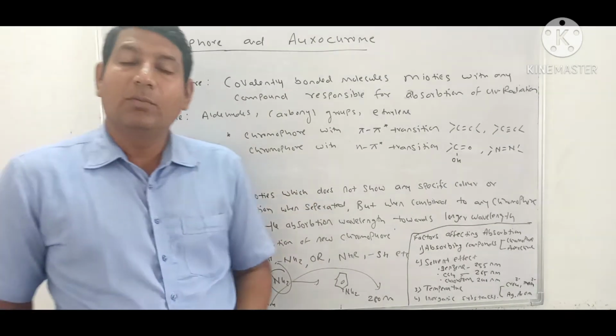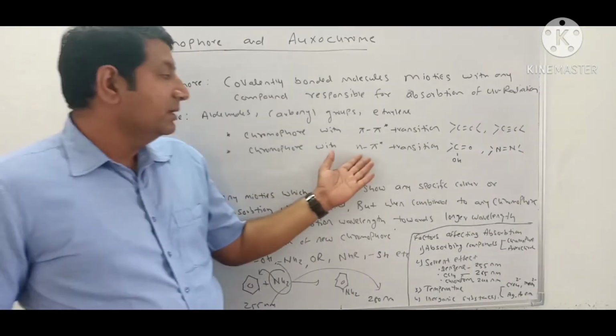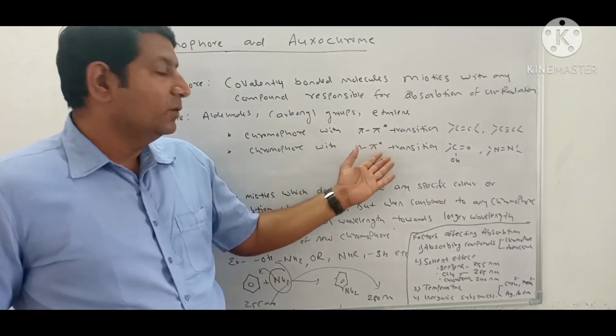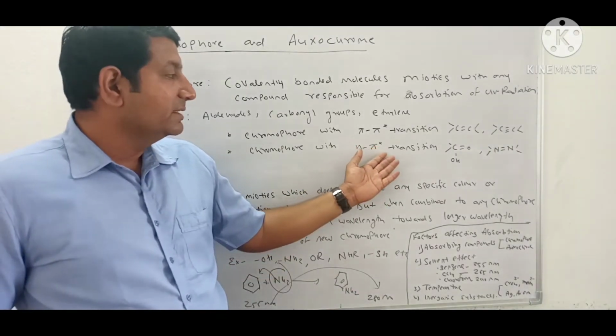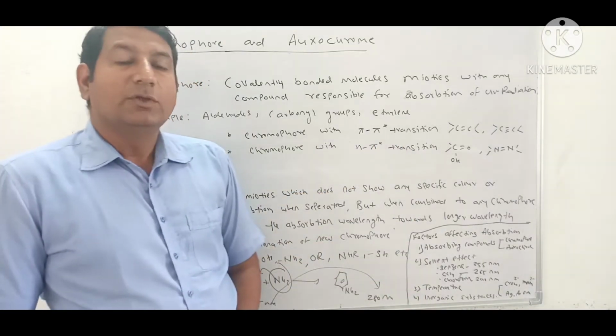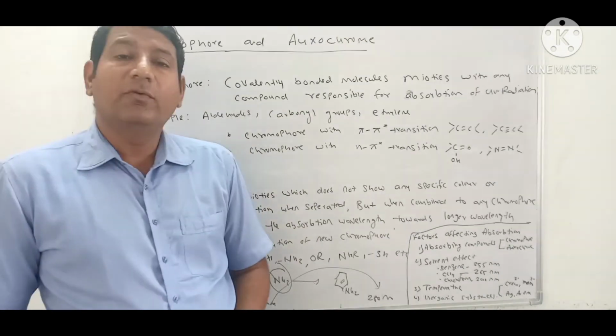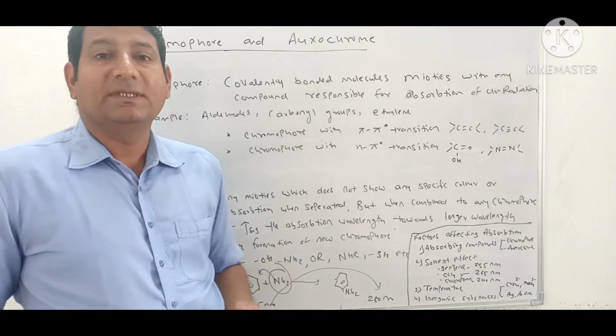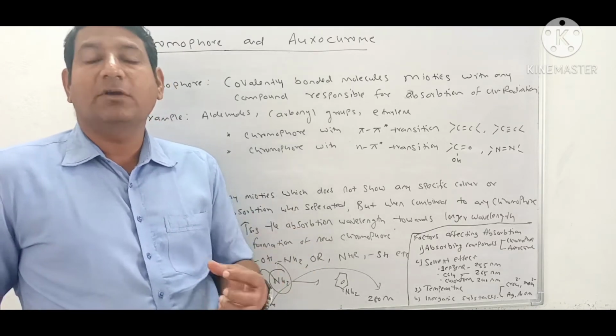The next type of chromophore is chromophore with n to pi star transition, that is, non-bonded electrons are excited to the pi star excited state, and the examples are acids and azo compounds. So this is the concept of chromophore: when attached to any chemical substance, they have the tendency to increase the lambda max of the compound.